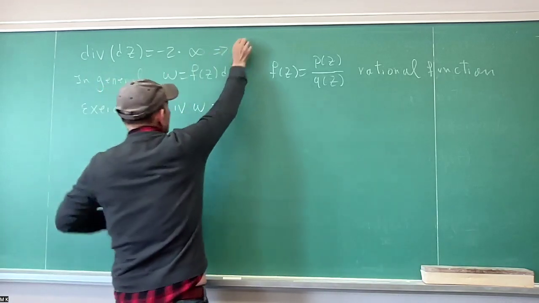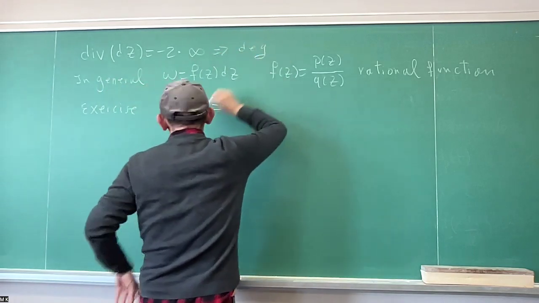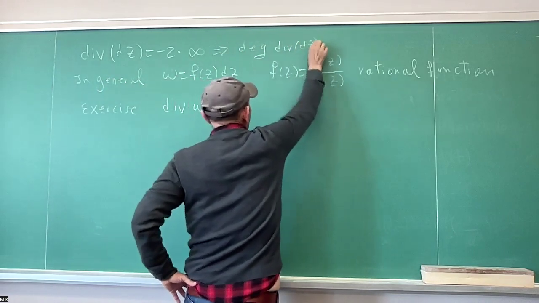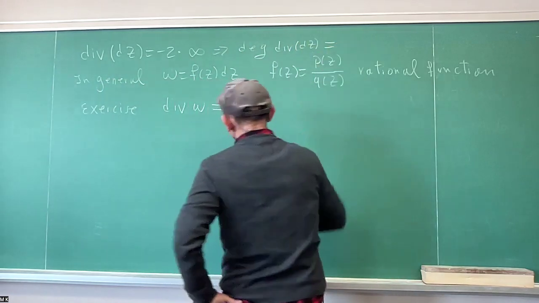From here you get the degree of the divisor. Let me write it: the degree of the divisor of dz is equal to minus 2.